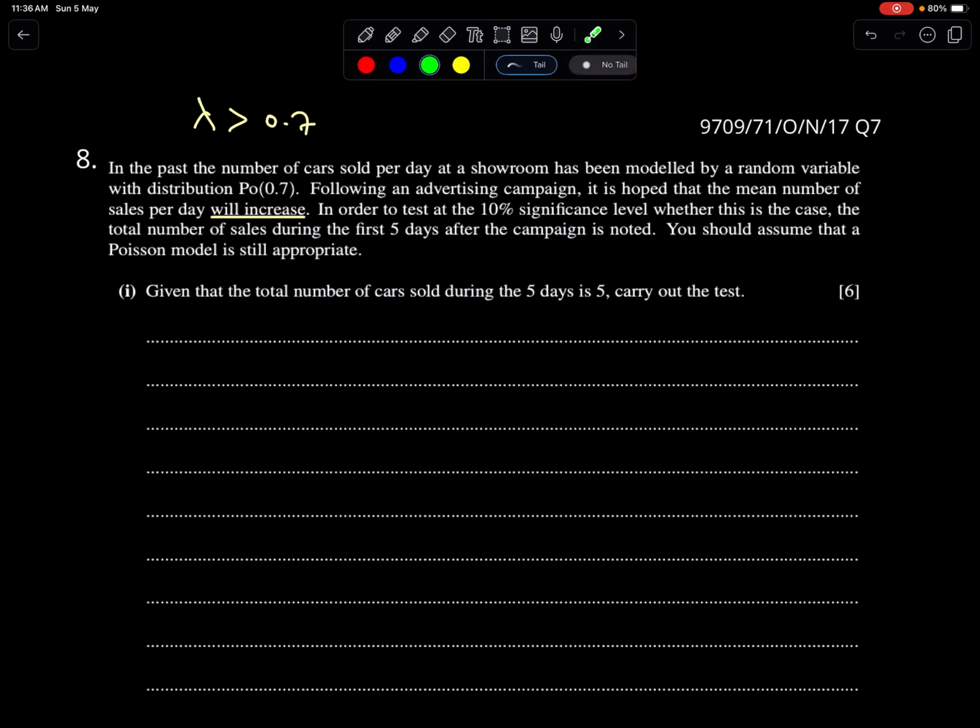In order to test at 10% whether this is the case, the total number of sales during the first 5 days. This 0.7 is for 1 day, and for 5 days. You should assume that the Poisson model is still appropriate. So this is Poisson distribution with lambda 0.7 per day, and for 5 days it should be 3.5, I guess.